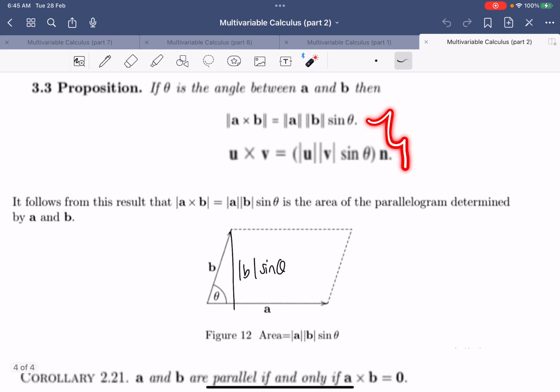You can prove this using the dot product formula, A dot B equals the length of A times the length of B times cosine theta, and you work it out and expand to get this formula.